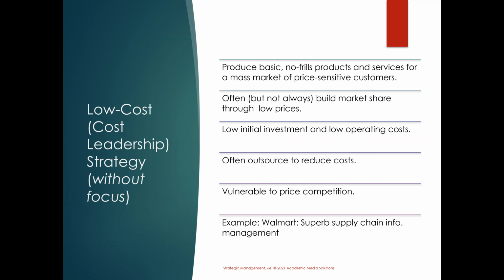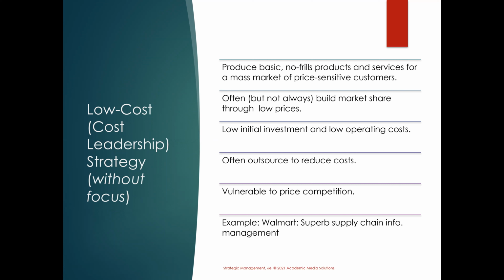Oftentimes, companies adopting this type of strategy will outsource to reduce their cost. They could outsource their manufacturing capabilities to companies overseas. So instead of building a plant in the United States, which would be very costly, they can simply sign a contract with foreign companies and have them manufacture these products for them.